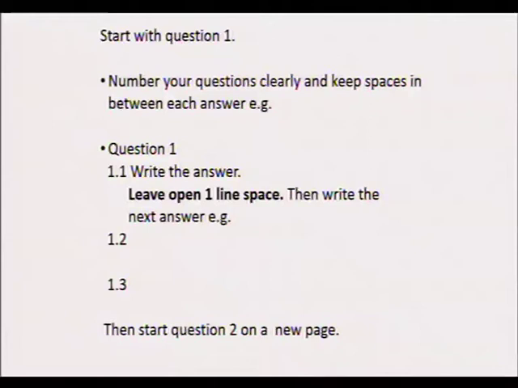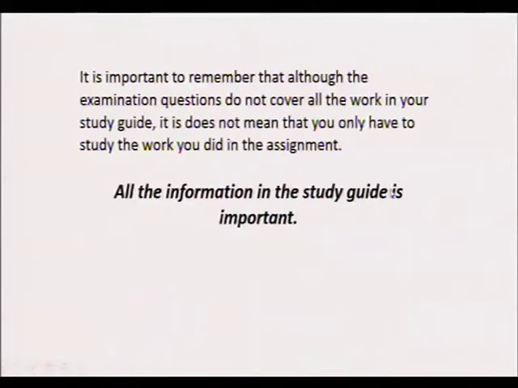Start with question 1. Number your questions clearly and keep spaces in between each answer. For example, question 1, write your answer, leave open one line space, and then write the next answer, as you see on the screen. Then, when you finish that, you start with question 2 on a new page.